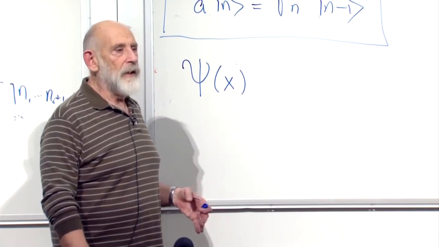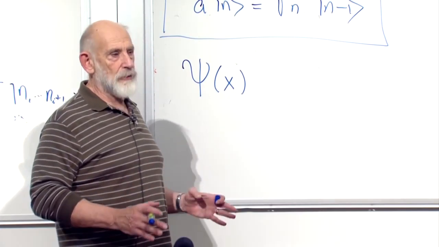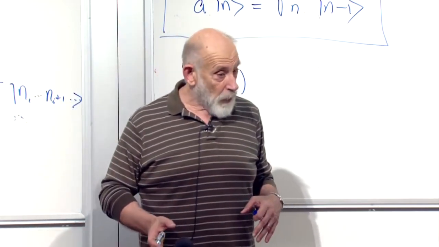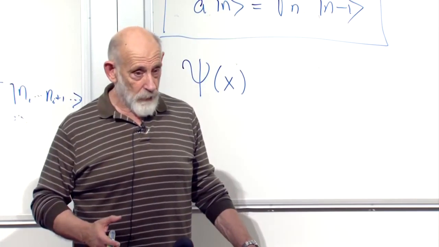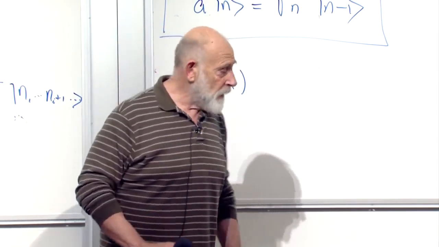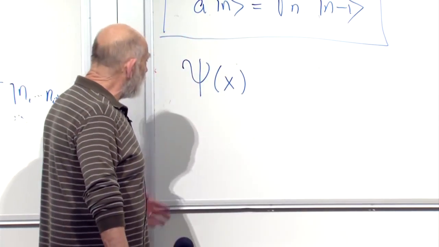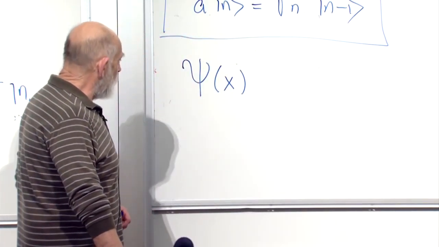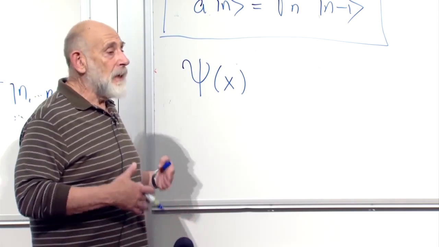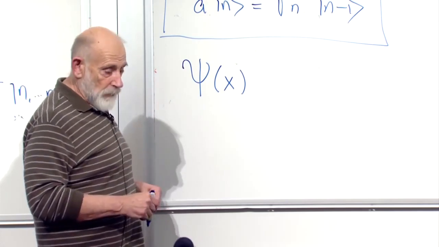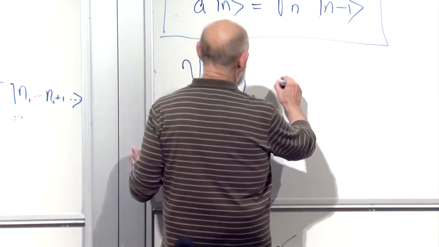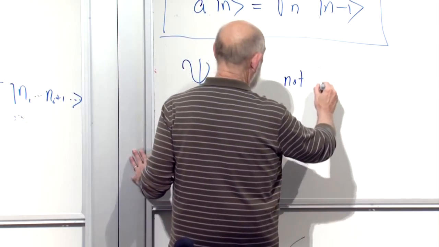You don't do experiments to measure the wave function of a particle. You do experiments to measure the position of a particle, or the momentum of a particle, or the angular momentum of a particle, but not the state of a particle. That's not a measurable thing. It tells you a great deal about the probabilities of various measurements, but it itself is not an observable. So that's the first thing: not an observable.